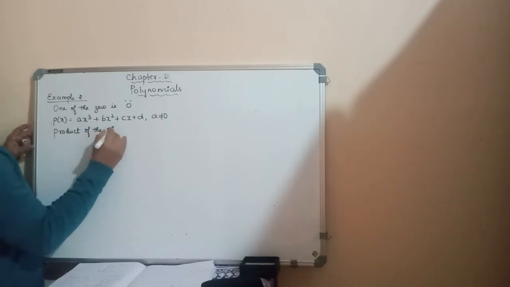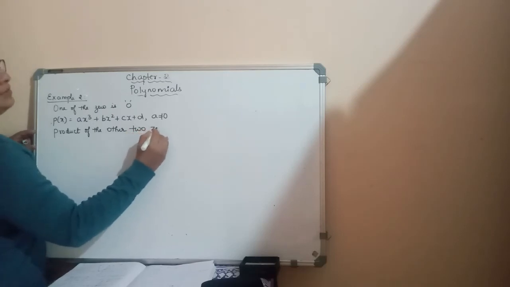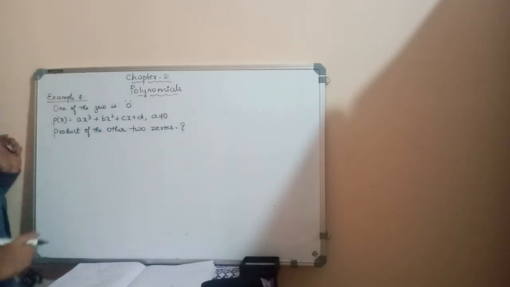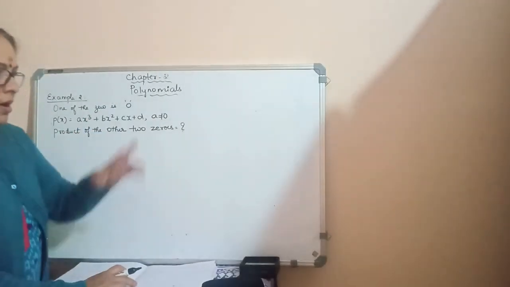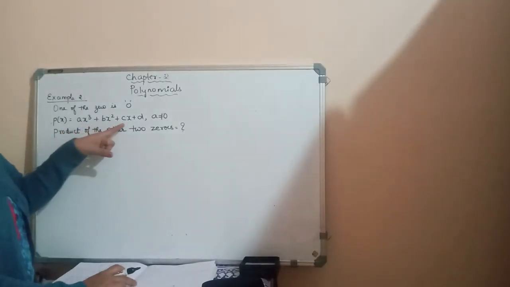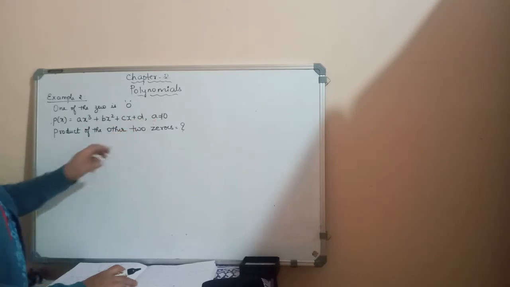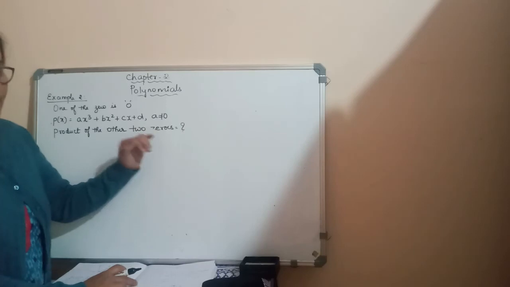So one of the zeros is given as 0 of a cubic polynomial ax cube plus bx square plus cx plus d, where a is not equal to 0. So we have to find the product of the other two zeros.